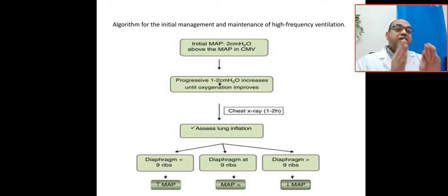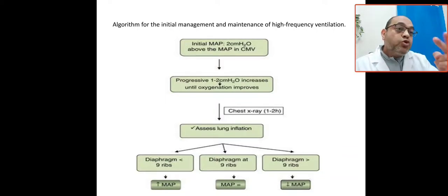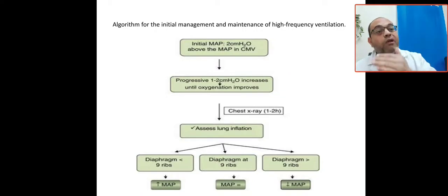So the first action or practical point, if you shift the patient from conventional to high frequency, depends on the lung pathology. If there is atelectasis, you have to go for high volume strategy to increase the MAP by 2. If there is air leak, you have to go for low volume strategy to keep the MAP the same.